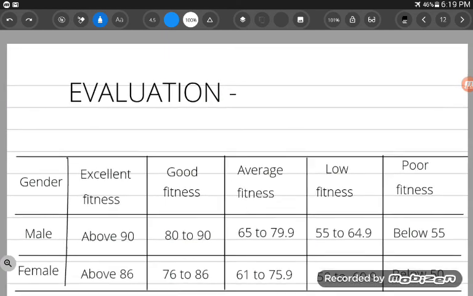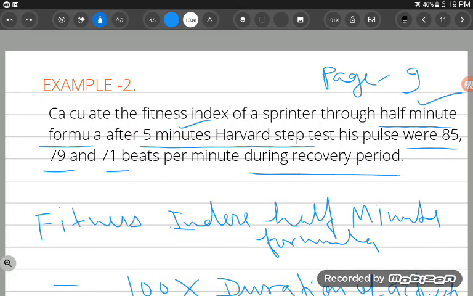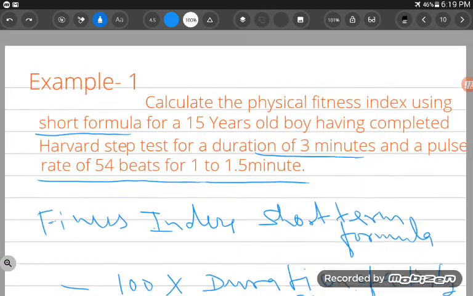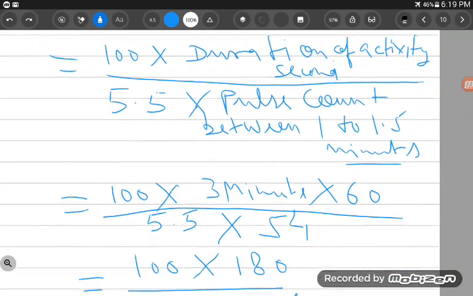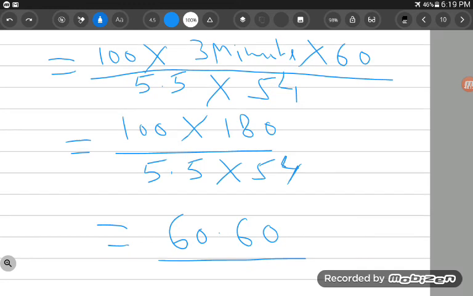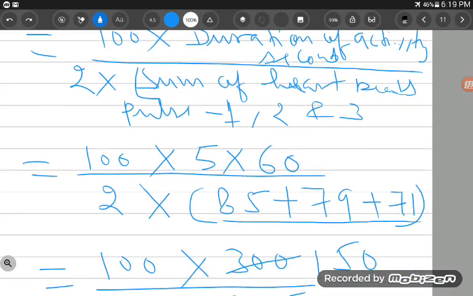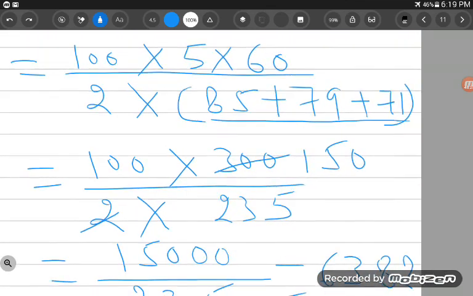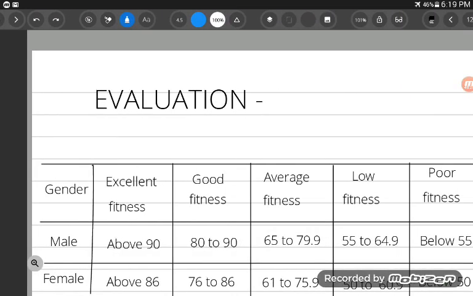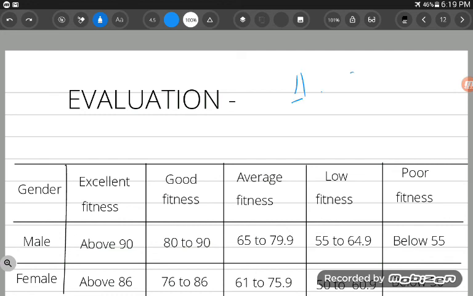You will get the fitness index. In the first example, how many index did you get? 60.60, and in the second example 63.82.